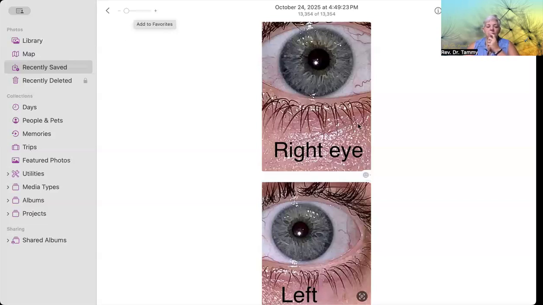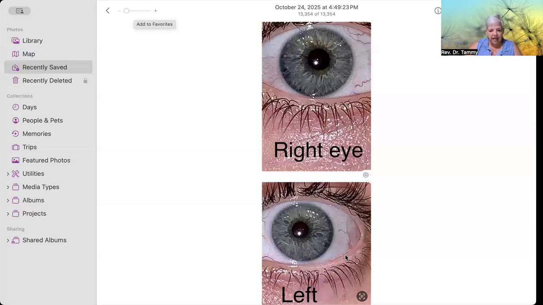But when we look at the irises, what I am looking at is the whites of the eyes, and we see a lot of vessels, veins, and capillaries going on here. Those are all significant of some things needing attention. With my sclerology course, I will go into depth about that.